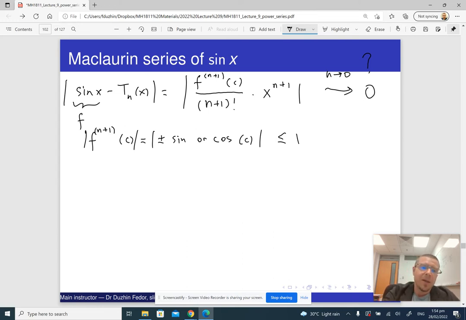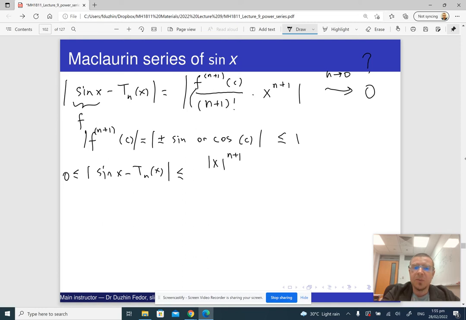So the absolute value of the remainder, sine x minus T_n of x, is of course bigger than or equal to 0, because it's an absolute value, and is less than or equal to the absolute value of x raised to the power n plus 1.